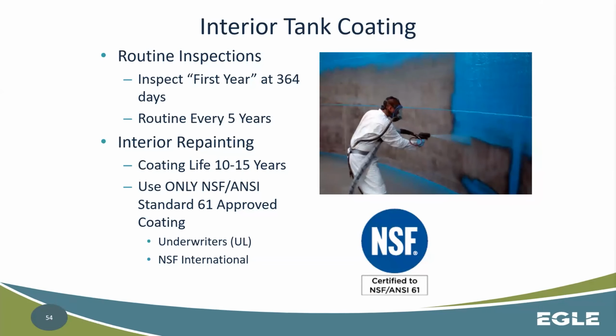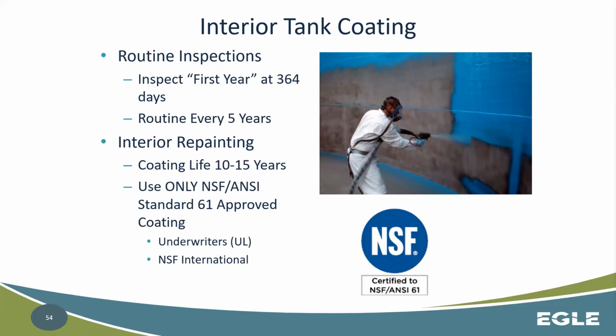Okay, so interior tank coating: making sure that your tank is being maintained properly, making sure that it's going to stay in good condition for a long time. What comes with that is some sort of coating, an epoxy coating that usually is sprayed on. So it's recommended that you get your routine inspections in place. One little caveat or note that you should take home is that first bullet point here: inspect for the first year.